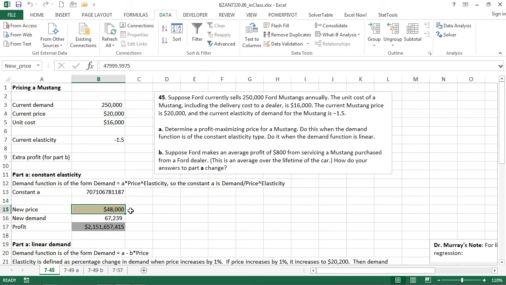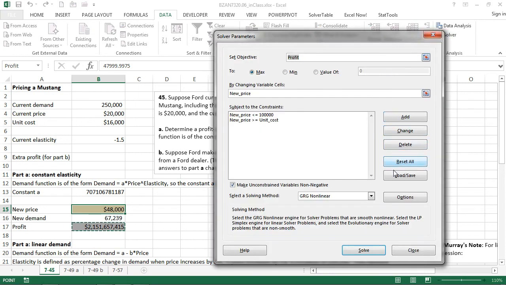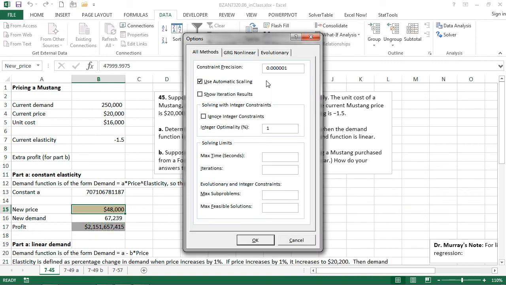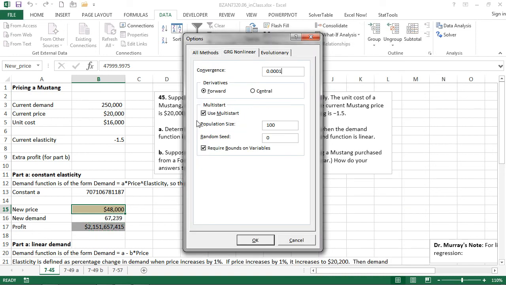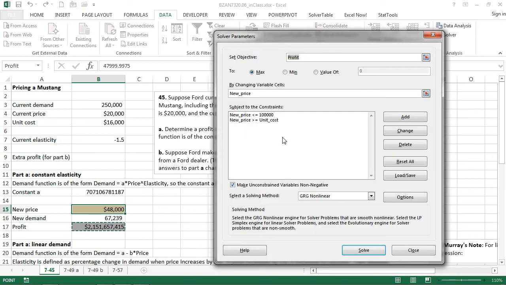All right. So let's go back and explore that. You're saying if I choose not to use the multi-start option, so I don't use multi-start, I can delete that constraint, and the only constraint now I have is unit cost. Let me do one other thing.